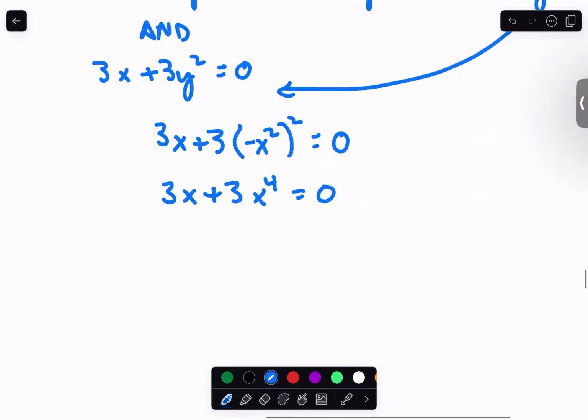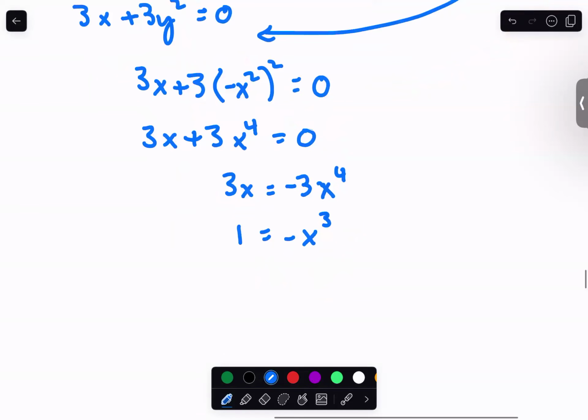If I wanted to do this slightly wrong, I may rearrange this a bit. And then I can divide by an x and a 3. So I would have something like this. Then I could divide by that negative. And so x would be equal to negative 1.